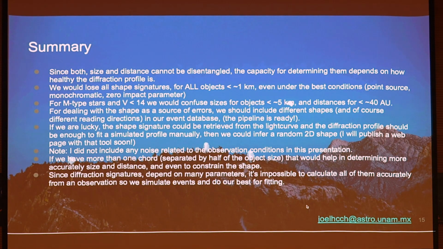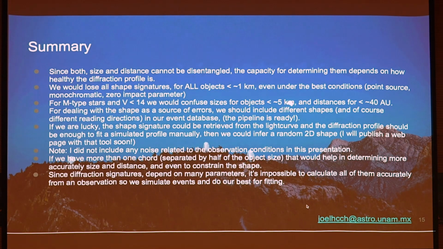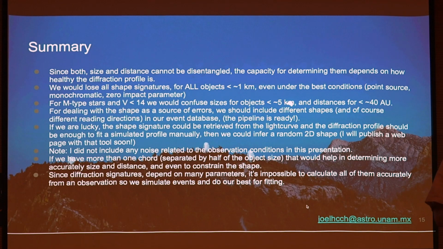It's a binary with two parts, oriented in this way. I have a tool that I haven't told Matt about, but I have to report. I plan to upload a web page with that tool for simulating and fitting manually the curves by drawing them yourself. So it will depend on your artistic skill, but it's a tool. You can do it.